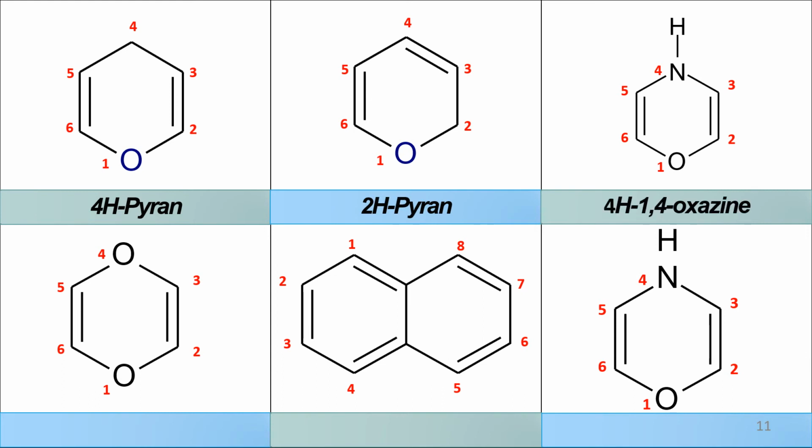Okay, 4H, and for 2H the hydrogen would be at position 2. 4H indicates the hydrogen atom, and in dioxine the oxygens are at positions 1 and 4, and ine is for the 6-membered ring.